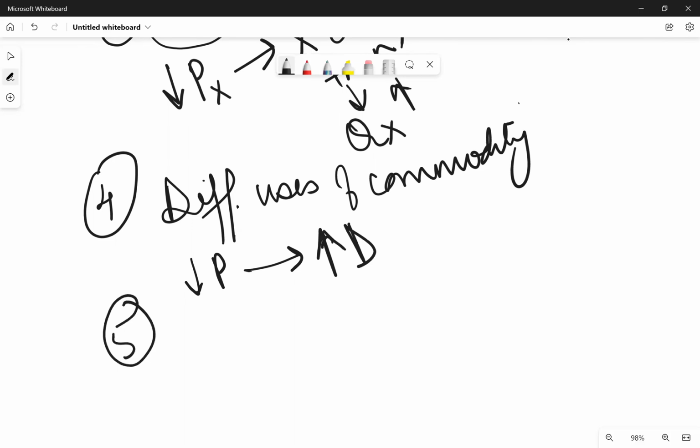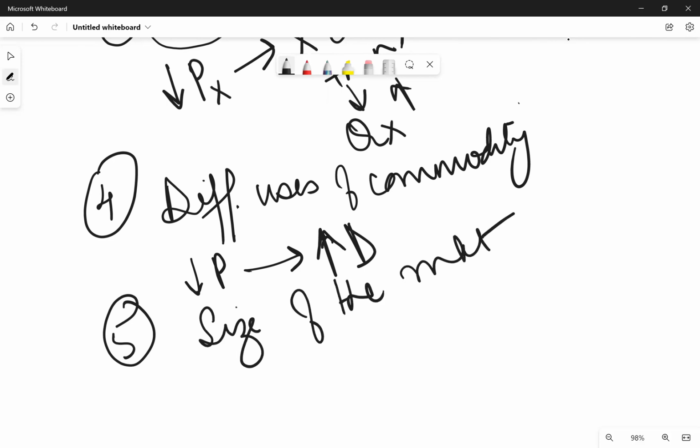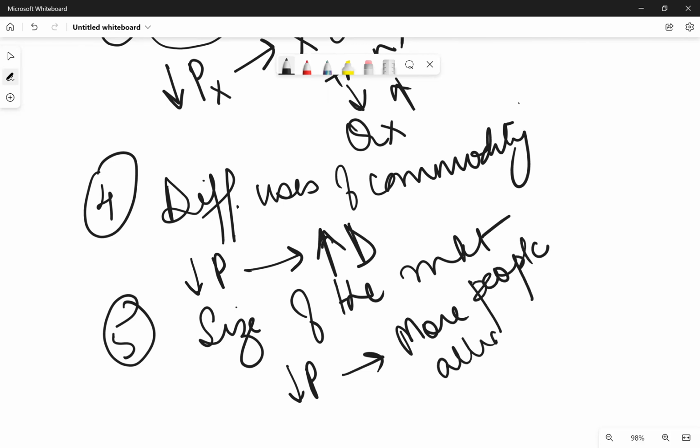And the last reason is the size of the market, right? So if there is a fall in price, more people will be attracted towards the good, because if it is available at a cheaper rate, more people will be attracted. As a result, the demand increases, right?